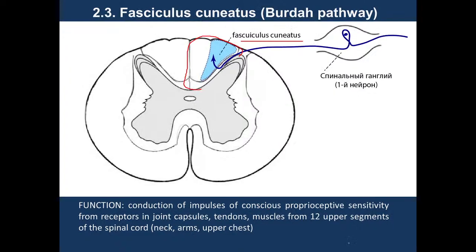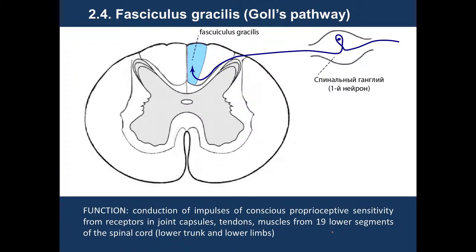What is the difference? Fasciculus cuneatus carries information from muscles from the 12 upper segments. It means upper extremities, neck, and upper thorax. But fasciculus gracilis is a pathway from the 19 lower segments. This is the lower part of the trunk and lower limbs as well.